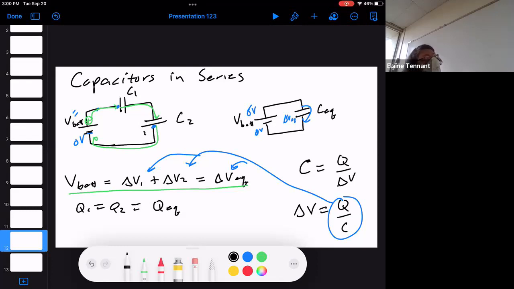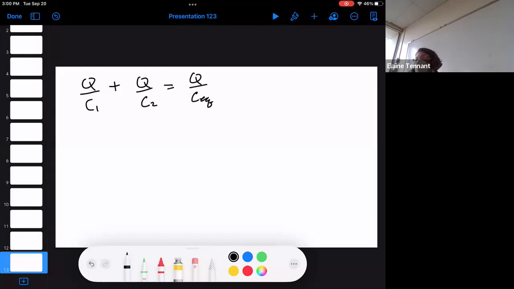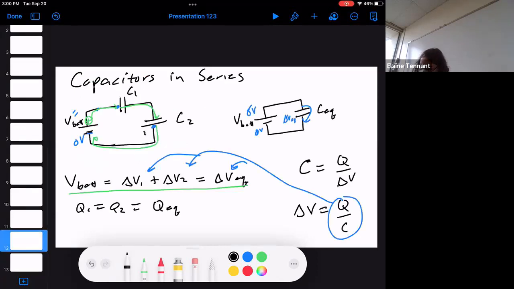So I'm going to cancel out all the Q's in this equation. Just divide through by Q, and they all go away. I'm going to end up with a less nice equation than before, but not terrible: 1 over C equivalent equals 1 over C1 plus 1 over C2. Let me add that I could have put as many capacitors in series here as I wanted.